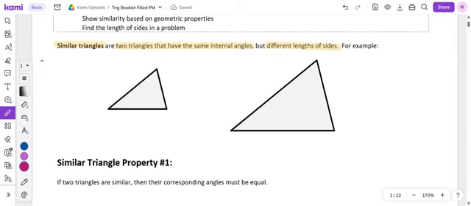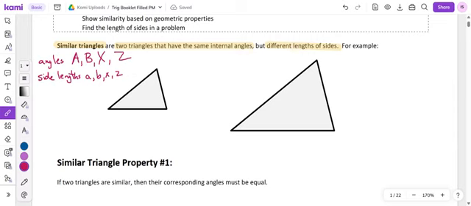All angles are uppercase letters. A, B, X, Z. All side lengths are lowercase letters. Lowercase a, lowercase b, lowercase x, lowercase z.